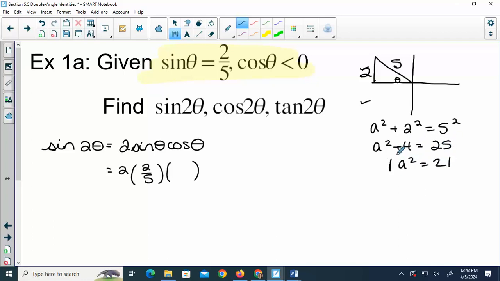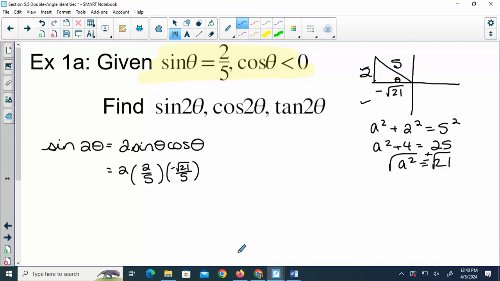When you do the square root, you have to do plus and minus. Would it be positive or negative here? So this side is a negative radical 21. So what is cosine of theta? Negative radical 21 over 5. Adjacent over hypotenuse. Is it coming back? Yeah. It's been a while.